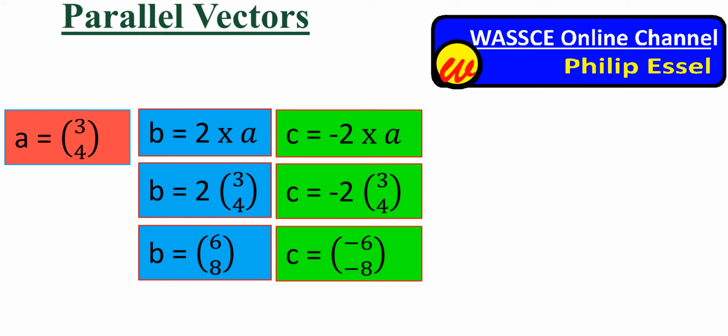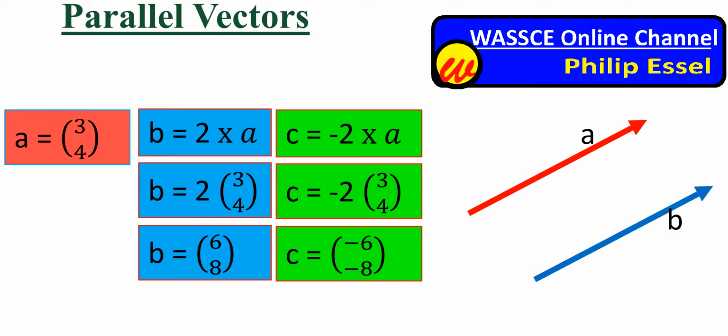Now, if you have to use diagrams to represent what we have just said, the A will look like this. And because the vector B moves in the same direction as the A and it is parallel to the vector A, it would also look like this. So the arrow is showing that the two vectors are moving in the same direction.